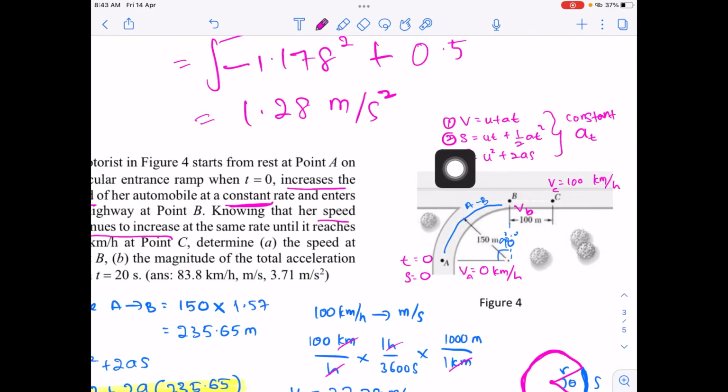If you use equation number 2, you check the value of S. Is your S still in the curvilinear part? If the S is over here, then it is straight motion. So let's say we choose equation number 2.